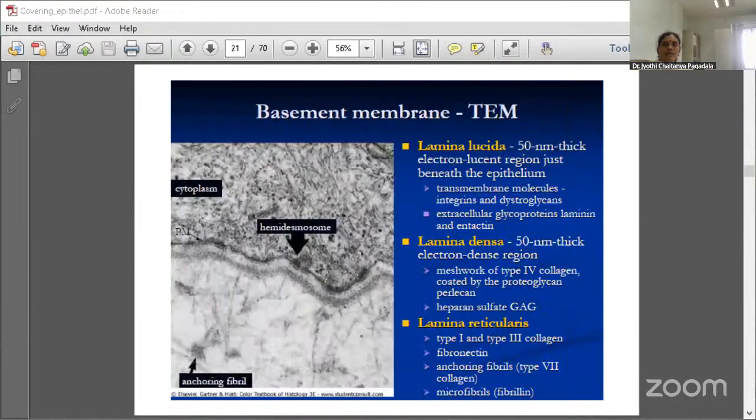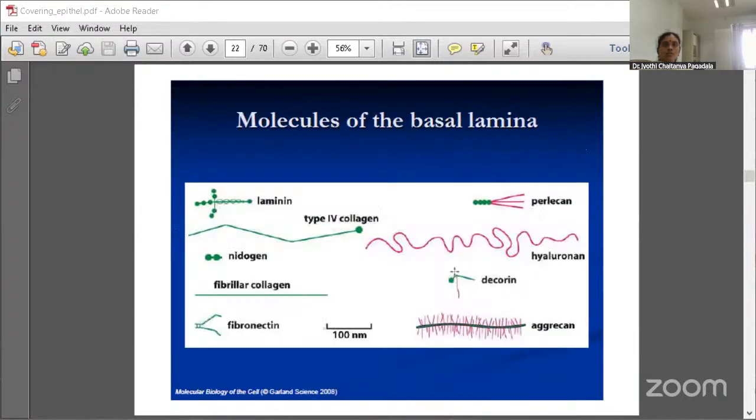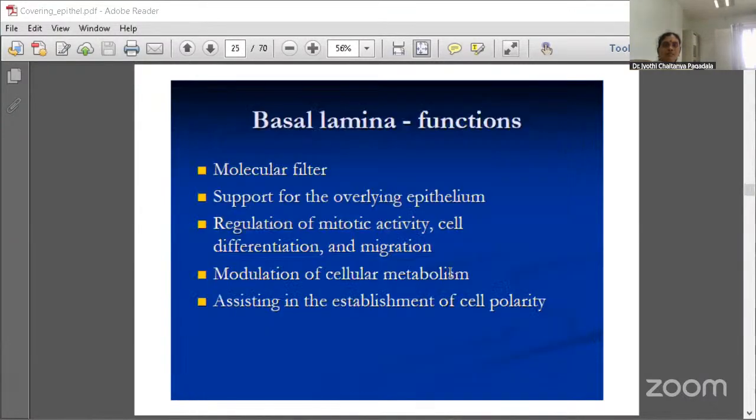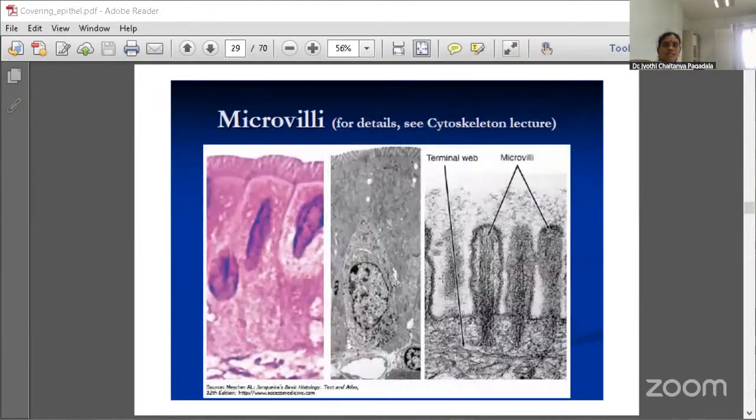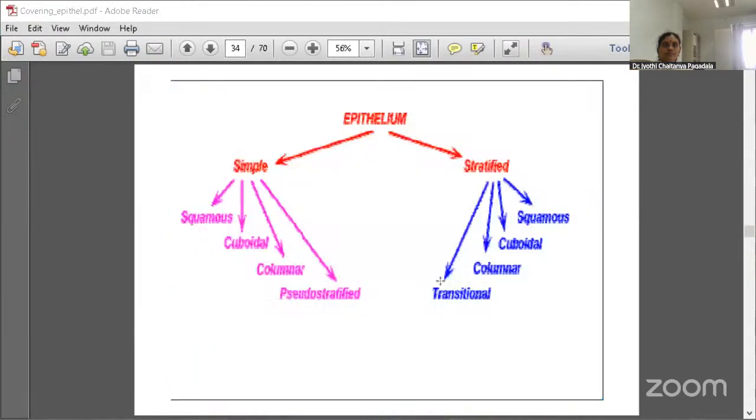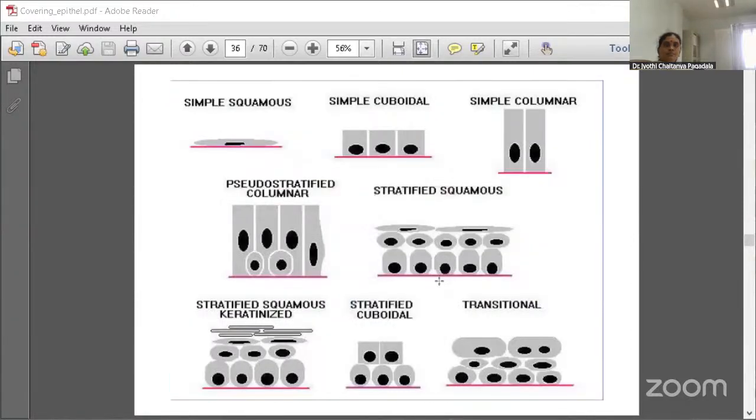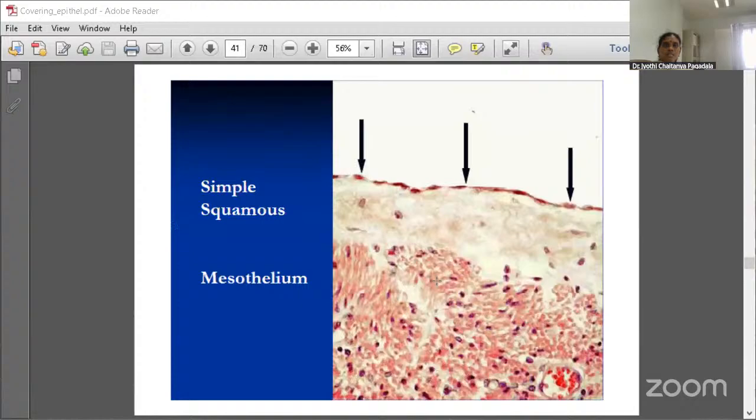The thing I want to cover in this PPT is what you see under the transmission electron microscope.